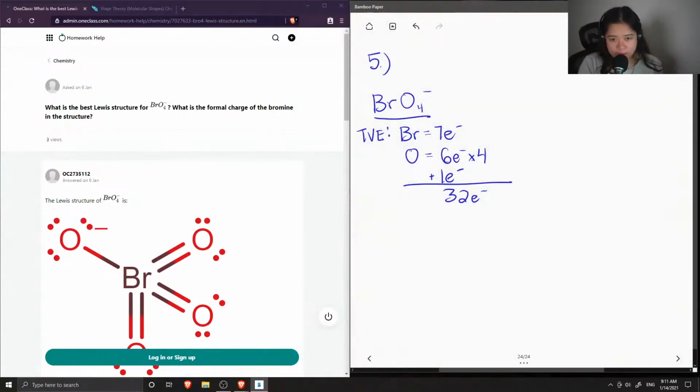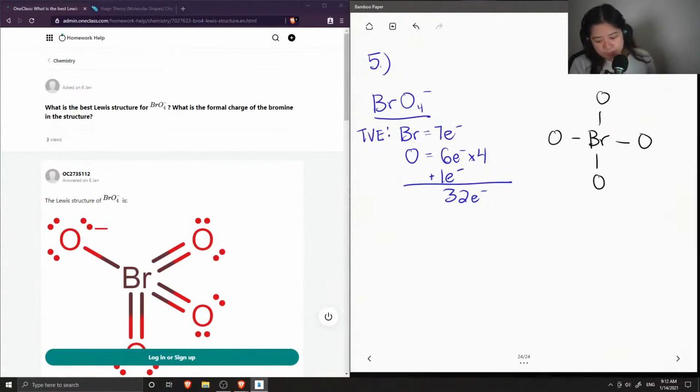So now let's draw bromine as our central atom. And then I'm just going to form single bonds to each of my oxygen atoms. So notice that none of the oxygens have a full octet yet.